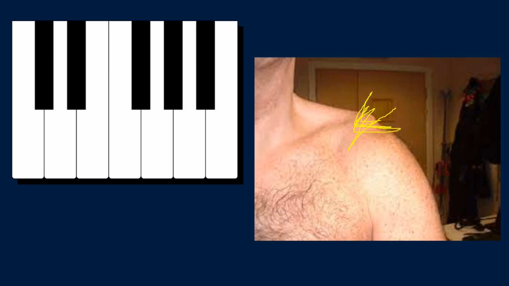This is what we define as the piano sign, which results from rupture of the acromioclavicular ligament, in which the acromion process goes down, leaving the clavicle behind, or from disruption of the coracoclavicular ligament, which connects the coracoid process to the clavicle, leaving the clavicle superiorly migrating because of the pull of the upper trapezius, or pectoralis minor, not major.